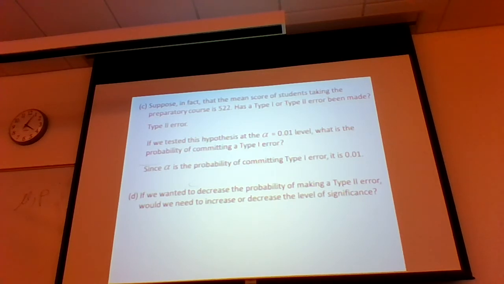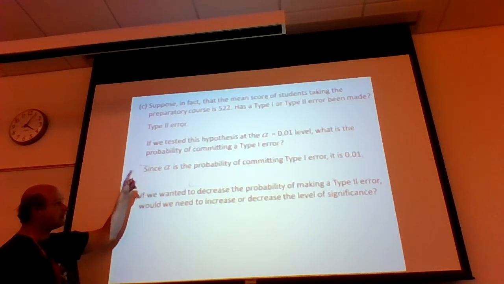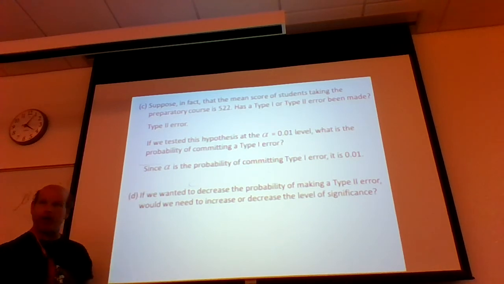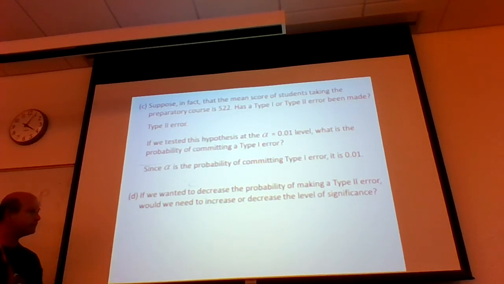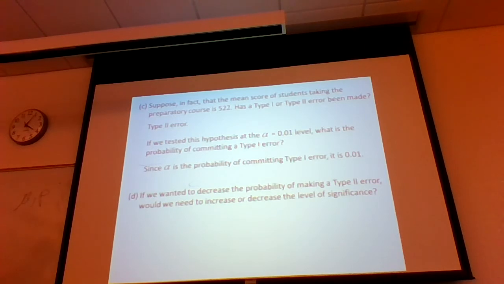This is what we call the level of significance: the probability of making a type 1 error. In this case, it's about 1%. Any questions?